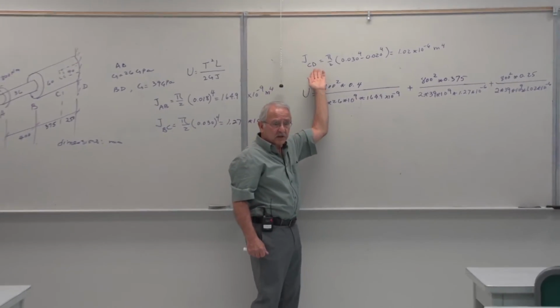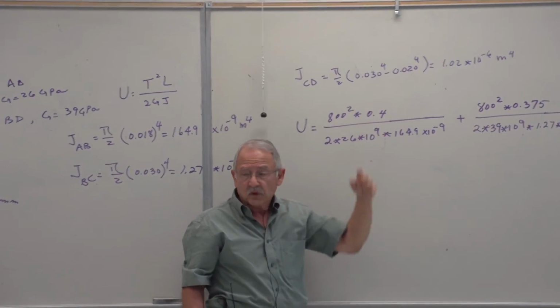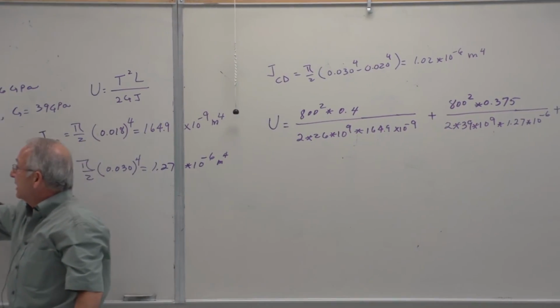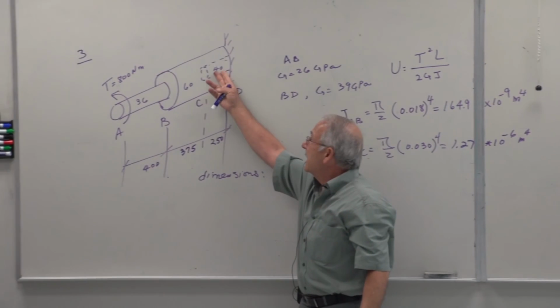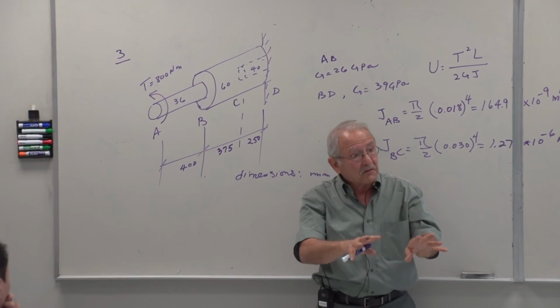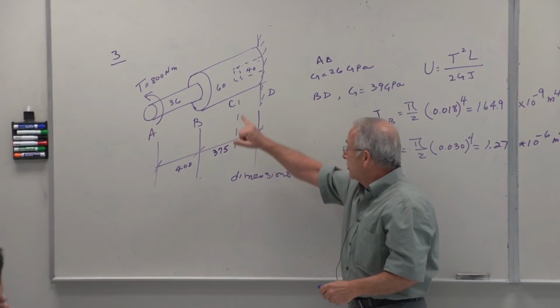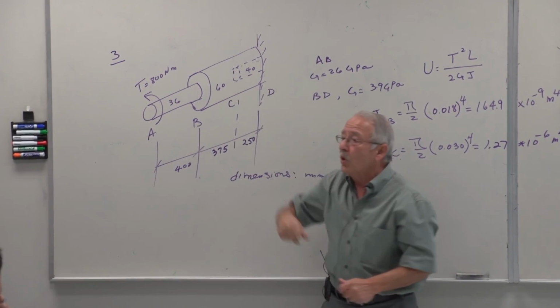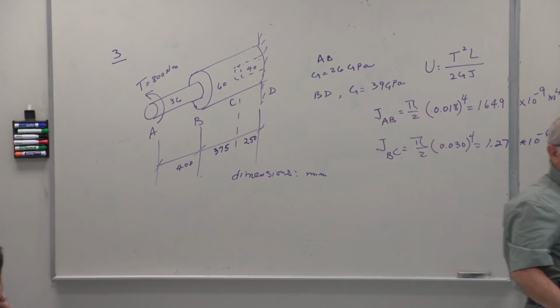Don't calculate this like this. First, calculate the strain energy for this whole thing as though the hole were not there. Subtract from it the strain energy due to the hole. Can we do that?